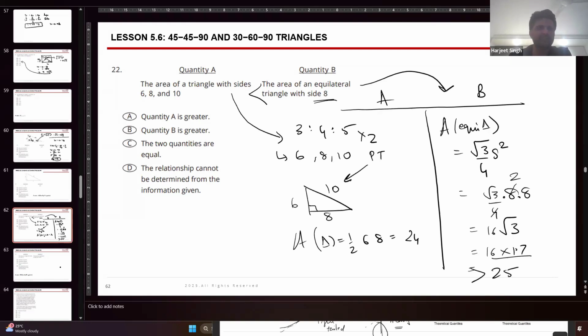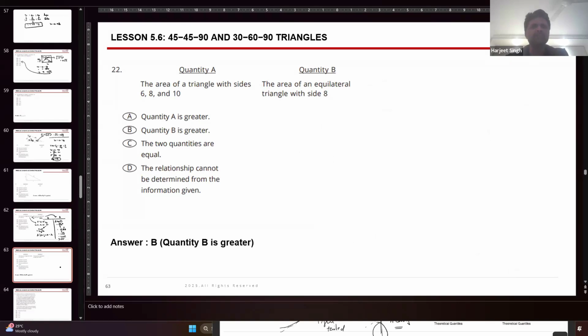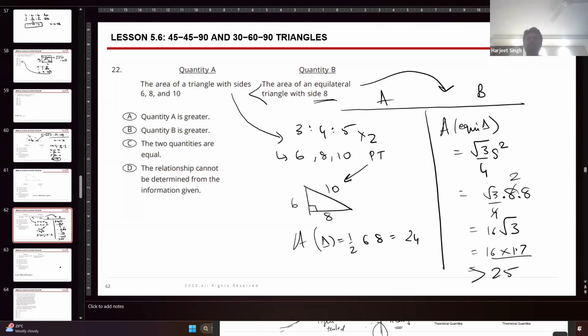I know 16 into 16 is 256, 16 square. So 16 into 1.6 is 25.6. So my answer will be greater than 24. So hence B is higher as compared to A. So please remember this equilateral triangle formula, very important.